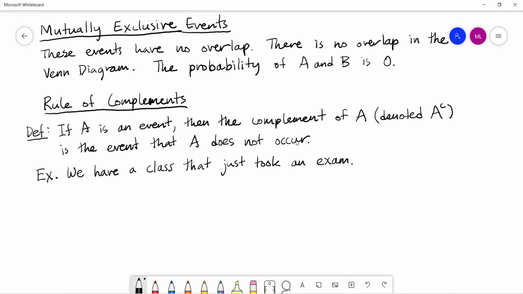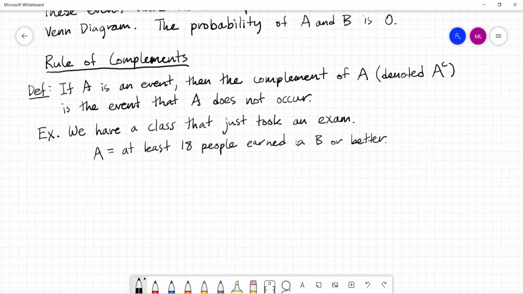So let's let A be the event that at least 18 people earned a B or better. So 18 people got at least a B. What is A complement?